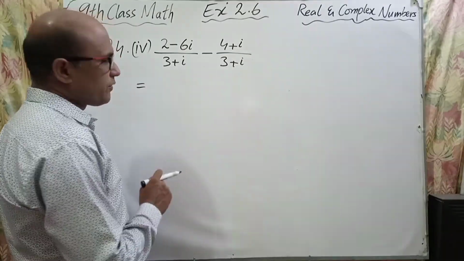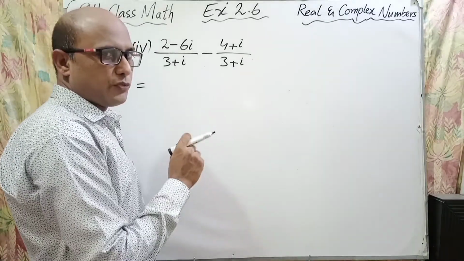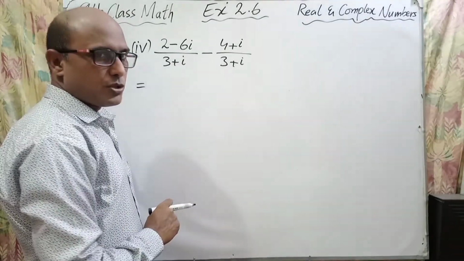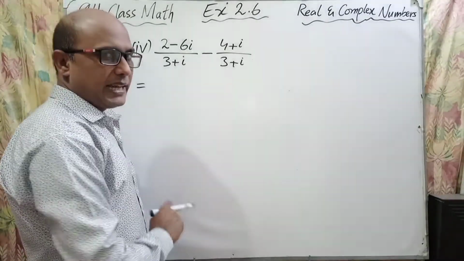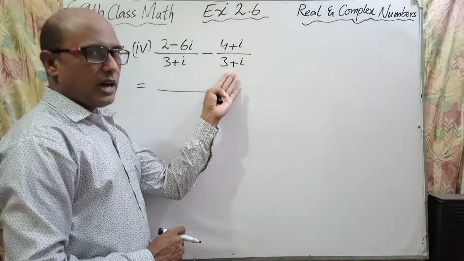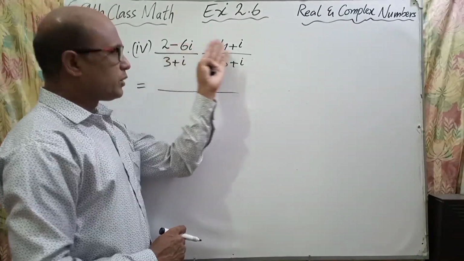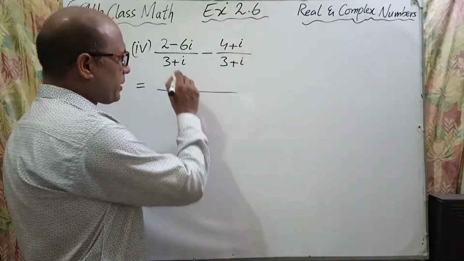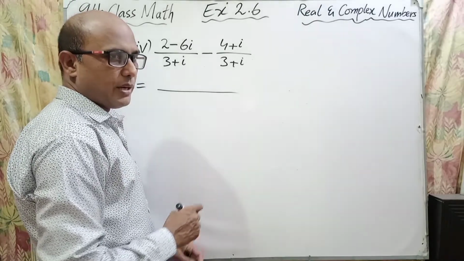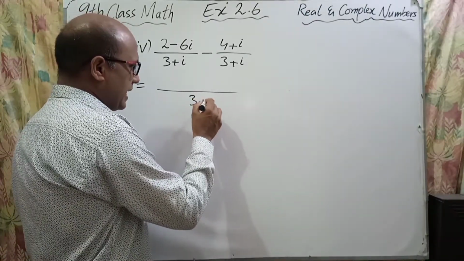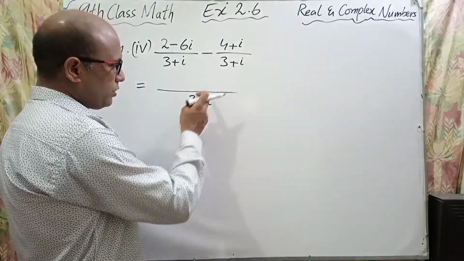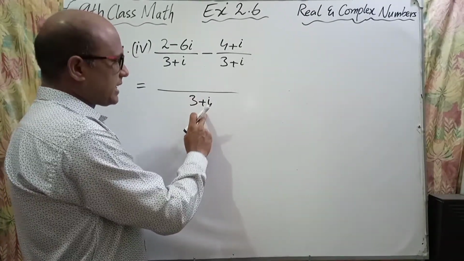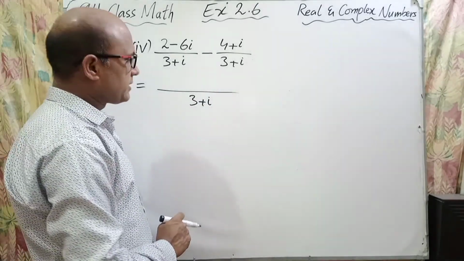First of all, in the first step, as we solve two fractions which are adding or subtracting, students, we take the LCM. The denominators are the same but the numerators are different. So you know that when denominators are the same, the same number is taken as the LCM. So this 3 plus iota will be the LCM of these two fractions.